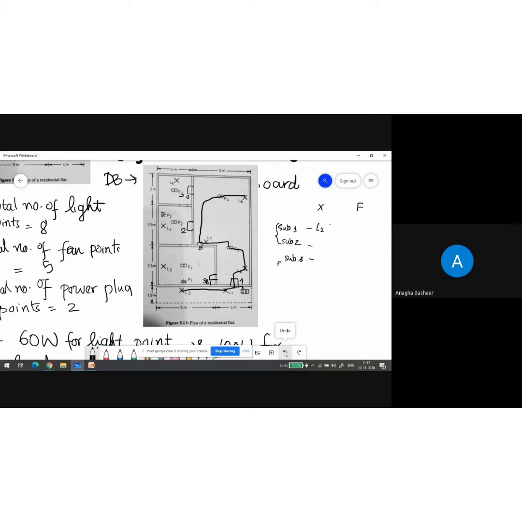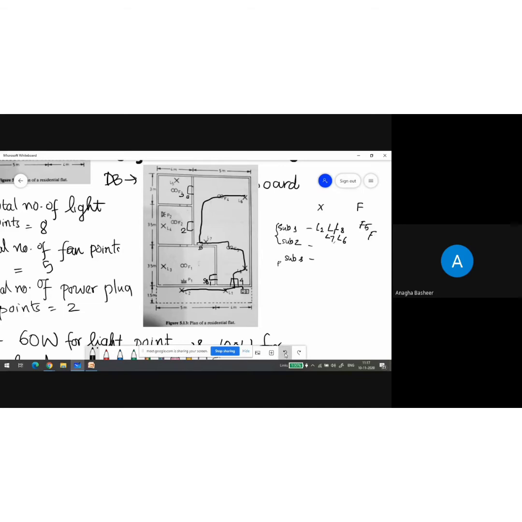L2 is here. In the order I am writing L2, L1, then comes L8, then here F5, L7 and L6, F4. So 2 fans and 5 light points: 1, 2, 3, 4, 5.